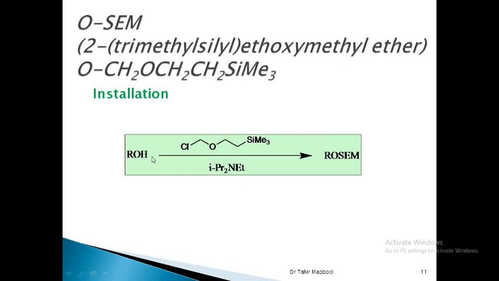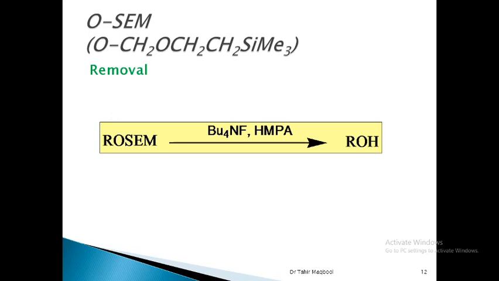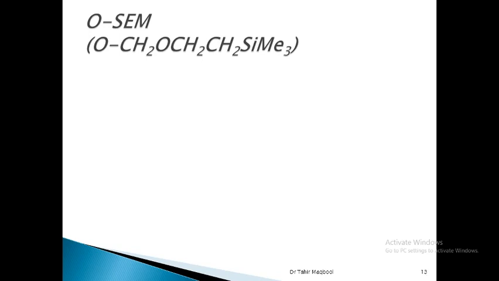So we treat the alcohol with this chloromethoxy trimethylsilyl ether, and we get the protected alcohol. As far as removal is concerned, you can use tetrabutylammonium fluoride and hexamethylphosphoramide in order to regenerate the alcohol.